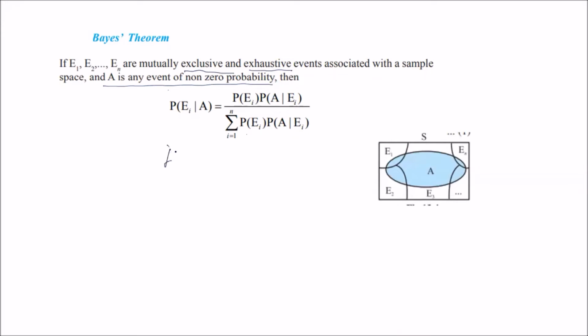The value of j will be 1, 2, 3, and so on; for event 1 we write 1, for 2 we write 2. So we'll be replacing j with 1, 2, 3, whatever it may be.